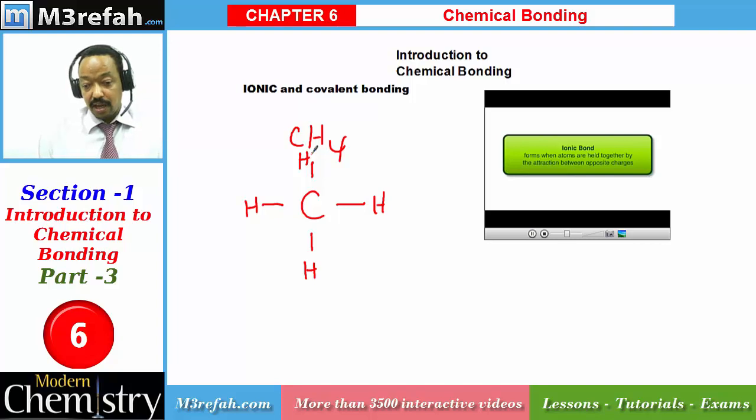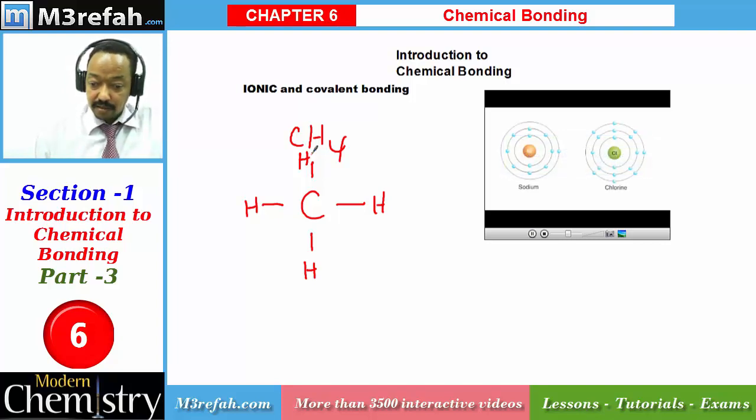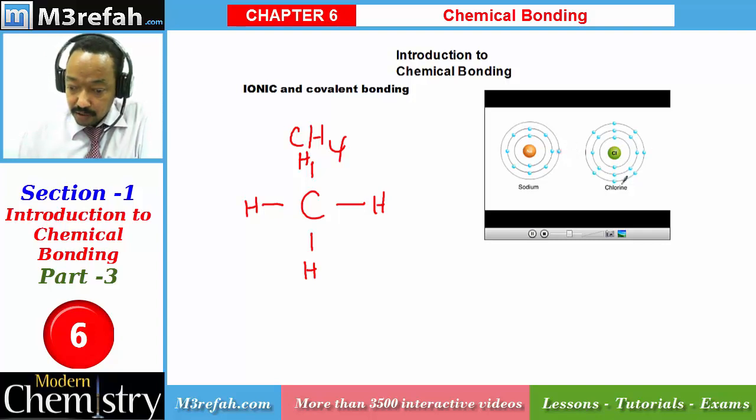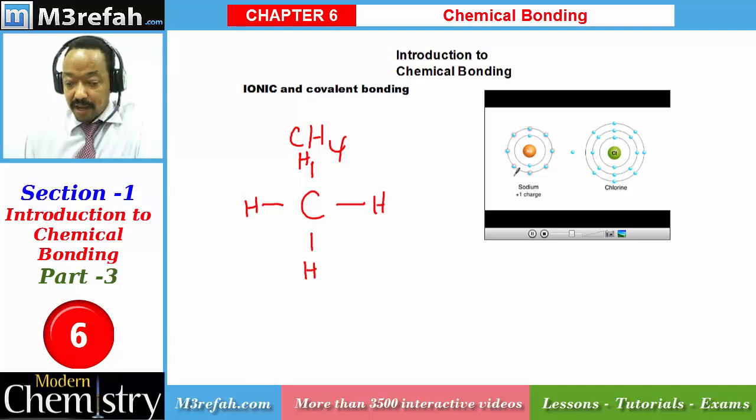Similarly, if you see an ionic bond, formed by the atoms sodium and chlorine, as you can see in the atomic structure, sodium has 1 electron in the outermost shell, and chlorine has 7 electrons in the outermost shell. Look, now the electron is transferred from sodium to chlorine, so that this transfer makes sodium plus 1 charge.